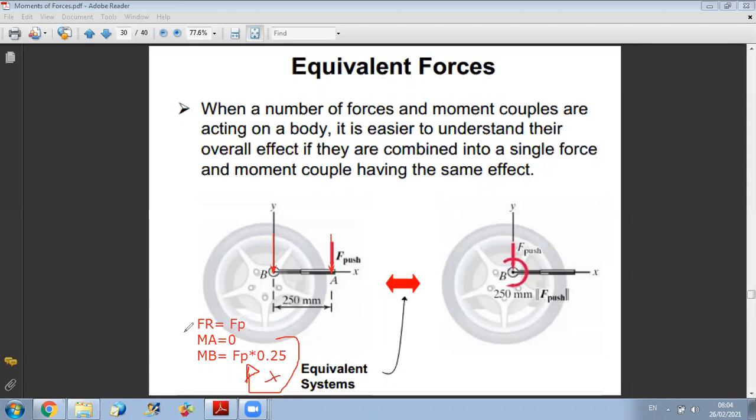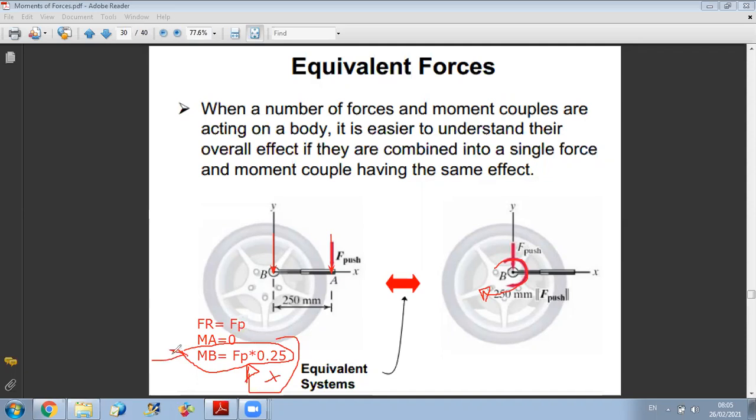So to have at the end a moment about B equal to F times 0.25, I should add a clockwise moment at B that is equal to 25 millimeter or 0.25 meters times F. In this way, I will conserve this condition.